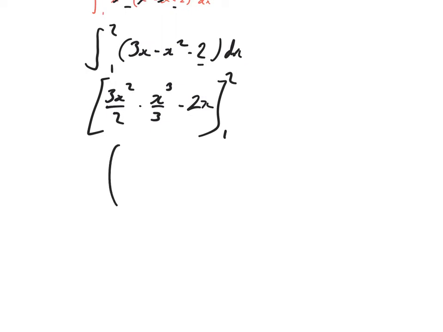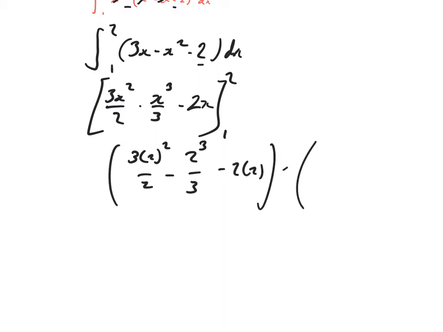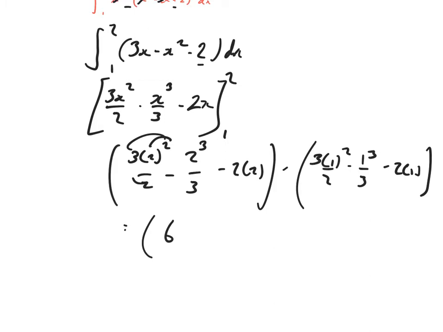Okay, so I can now make a substitution. 3 lots of 2 squared over 2 minus 2 cubed over 3 minus 2 lots of 2, close the bracket, minus open up. 3 lots of 1 squared over 2 minus 1 cubed over 3 minus 2 lots of 1. Okay, 2 squared is 4 times 3 is 12, divided by 2 is 6.